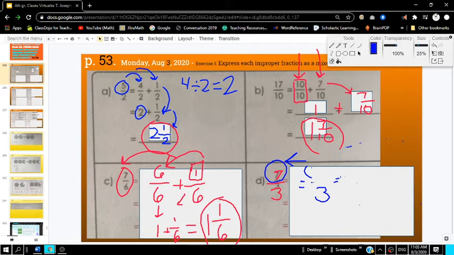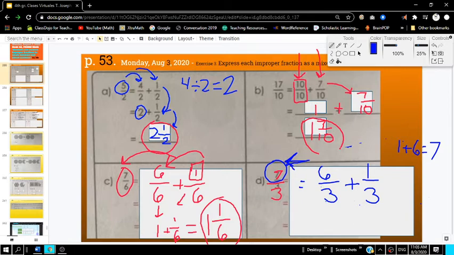If we start out by saying 7/3 equals 6/3 plus 1/3, I know that 1 plus 6 equals 7. Right? I have my 7/3 right there.